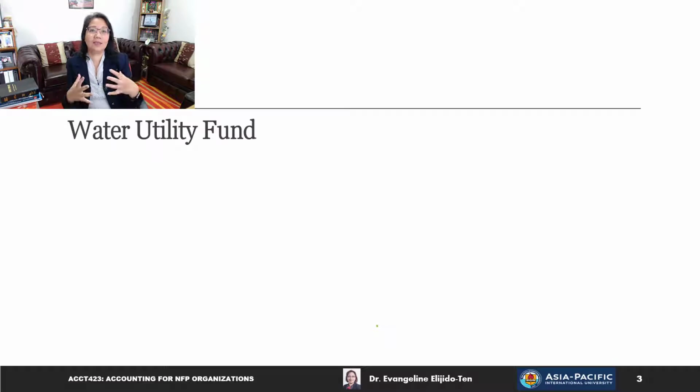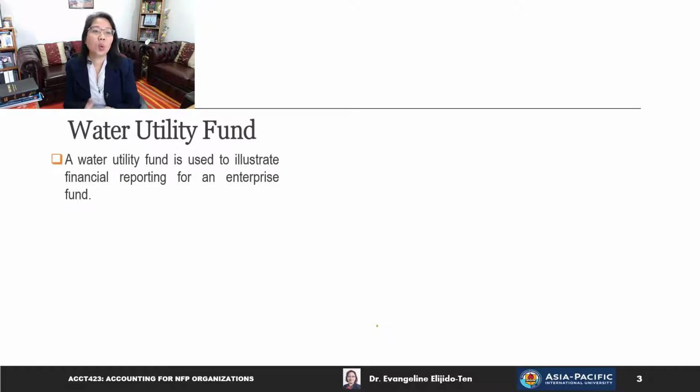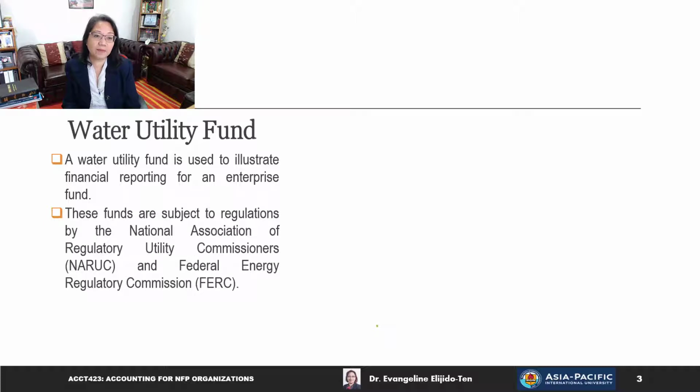In this illustrative example, we will be focusing on a water utility fund. So a water utility fund is used as the illustrative example for financial reporting for enterprise funds.